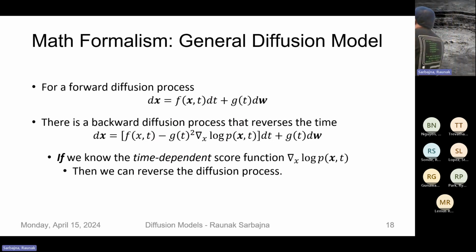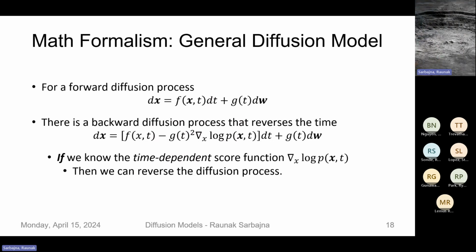So we are talking about a general diffusion model, not any particular specific latent diffusion, stable diffusion, DDPM, or whatever. For the forward diffusion process, there's a function f of x of t that we know of, and there's a noise g of t, that's fixed. But for a diffusion model to work, there's a backward diffusion process that reverses the time domain.